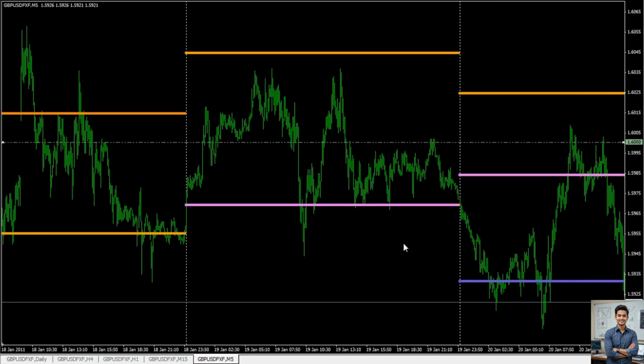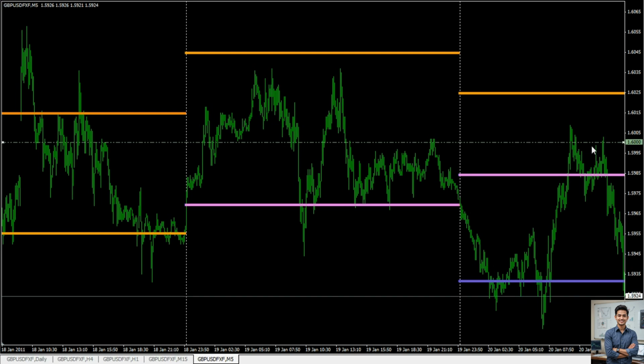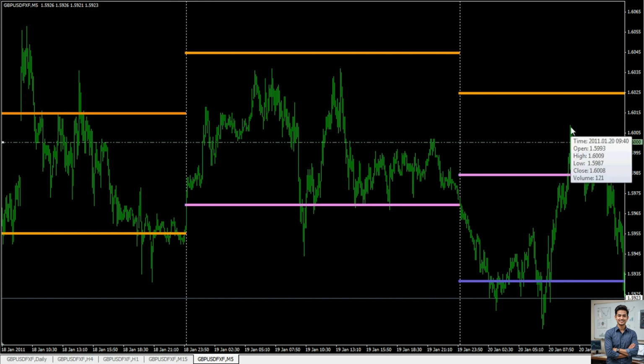So, going back to our 5-minute chart, we saw price break down in here, and for this day here we saw price set up a swing trade using this high here.